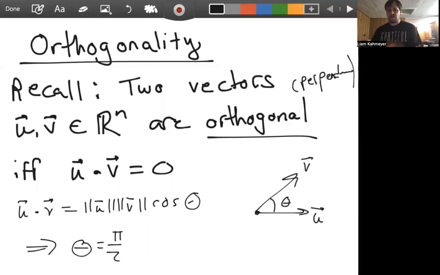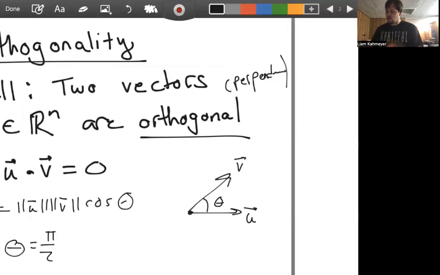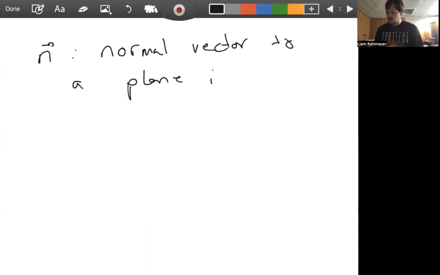We don't necessarily have to have just two vectors. Another example is when we let n be a normal vector to a plane in, let's just say, R3, or Rn.